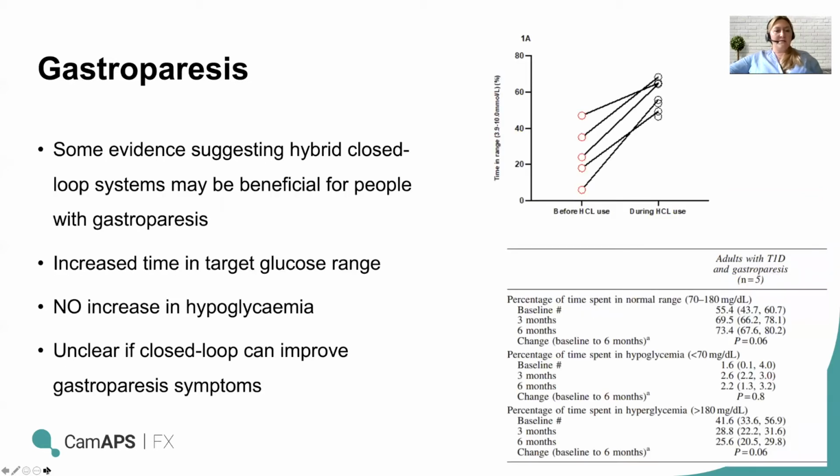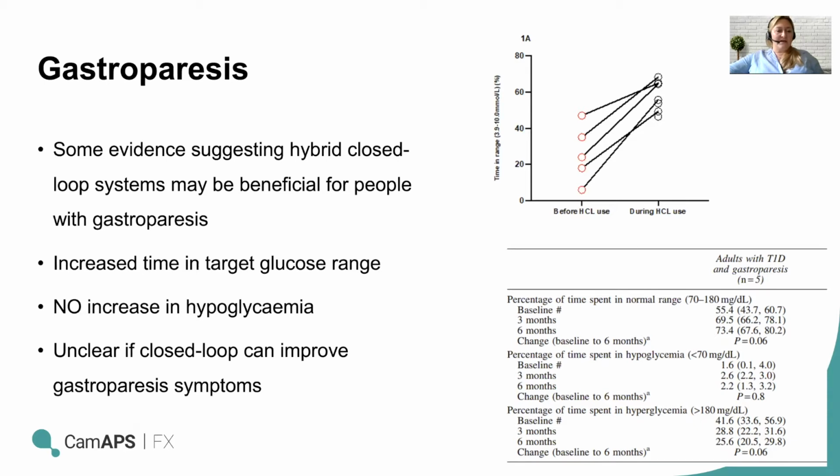So there is a really small amount of evidence suggesting that hybrid closed loop systems might be beneficial for people with gastroparesis. It's just something that's being looked into more now, but there's a couple of studies. The data that you can see at the top is from a handful of cases in our service in Cambridge, and then there was an additional small study looking at just 5 patients with type 1 diabetes and gastroparesis, and looking at the increase in time in range using closed loop systems.